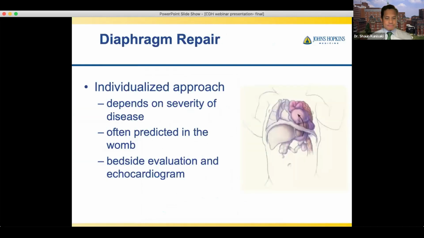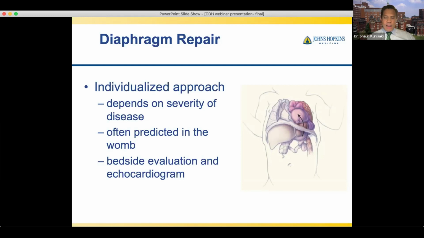Next slide. So at the Johns Hopkins Children's Center, we do take this team approach to deliver an individualized care plan on how we repair the diaphragm in any newborn with CDH. It's not a one-size-fits-all process.